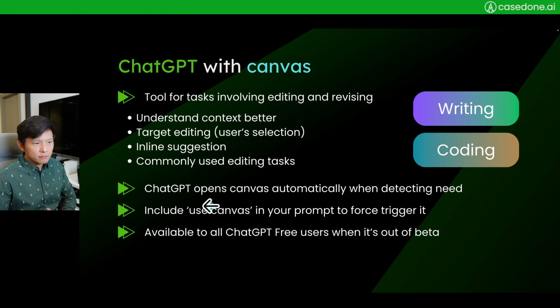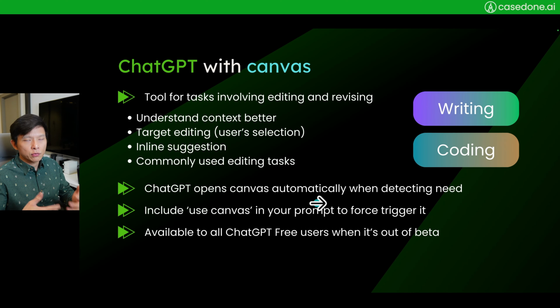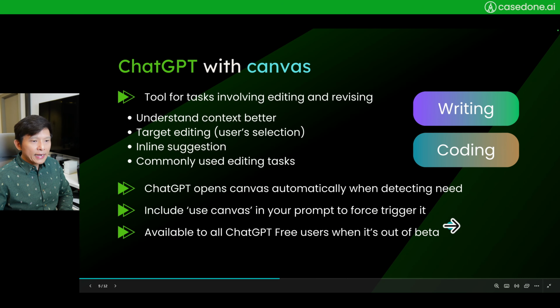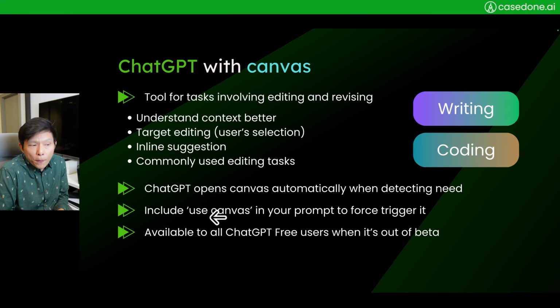If it doesn't happen and ChatGPT fails to recognize that it needs to open the canvas, you can explicitly tell it to do so by writing "use Canvas" in your prompt. This will force ChatGPT to trigger the Canvas panel.